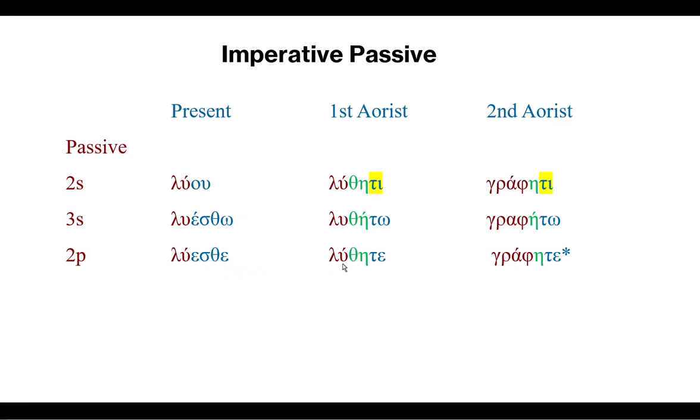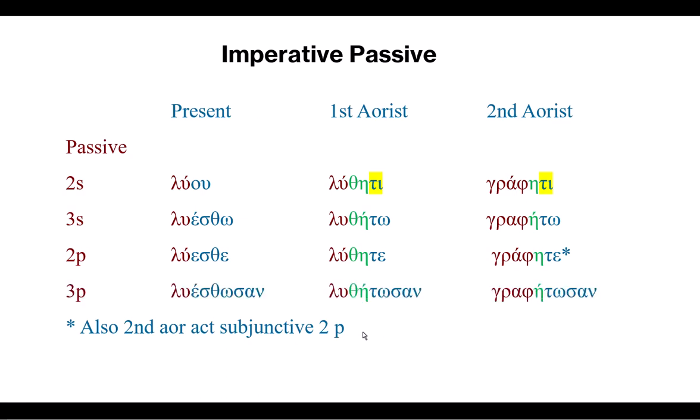Here we have for first aorist, lutheta and grapheta. So again, we have these active endings, and we can notice here that this form is also the second aorist active subjunctive of the second plural. So there's an overlap there, but there's not going to be too much difficulty in telling those apart in context.